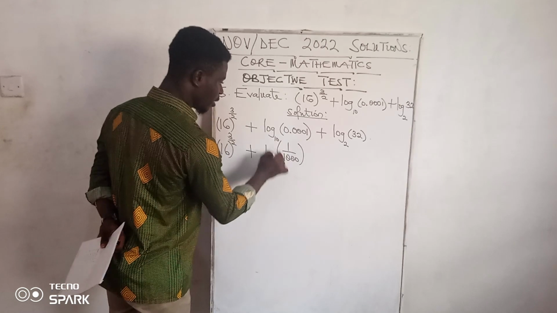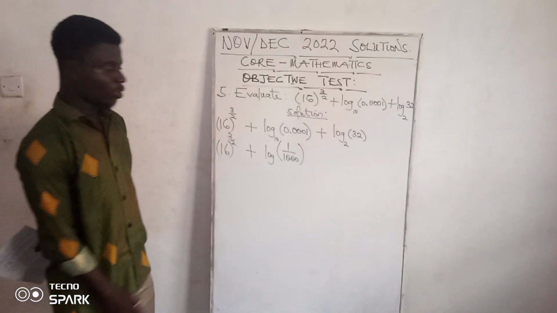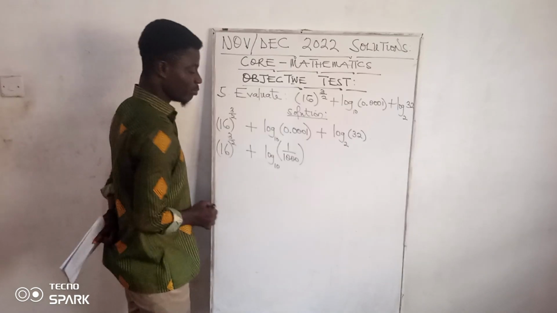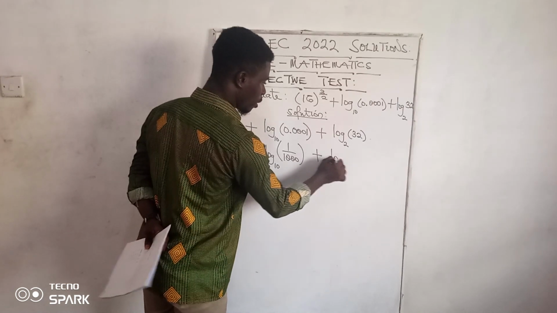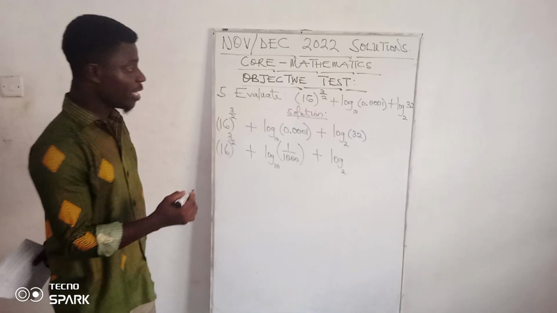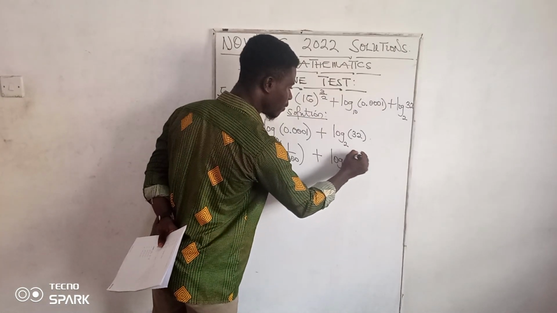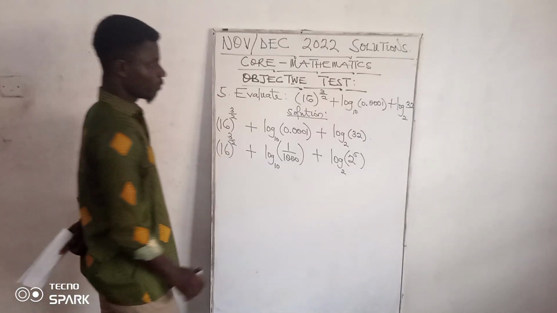We change the decimal fraction to a common fraction, don't forget, which is in base 10, plus log base 2. Now this 32, I can change it to a base of 2, which means 2 to the power 5.